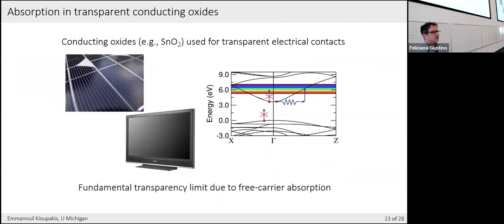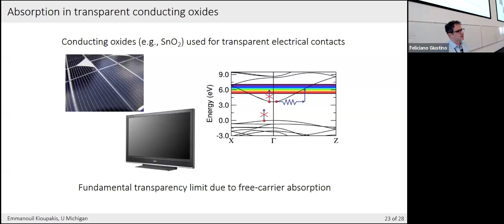Another case where free carriers matter is for transparent conductors. Now, I mentioned again that if the photon does not have enough energy to cross the bandgap, it won't be absorbed by the material. And there are cases where we want that. Suppose you want a material that has high conductivity, but at the same time being transparent. Well, insulators are not conducting, even though they can be transparent, right?